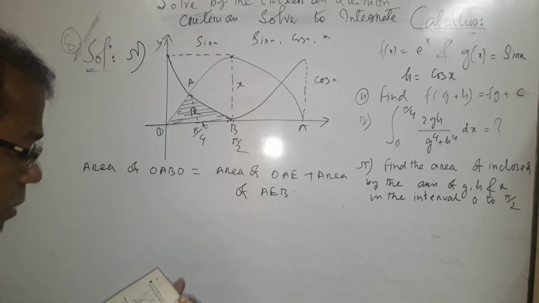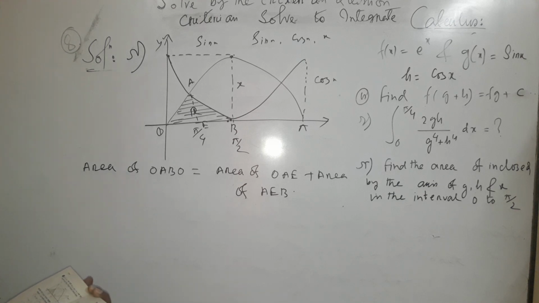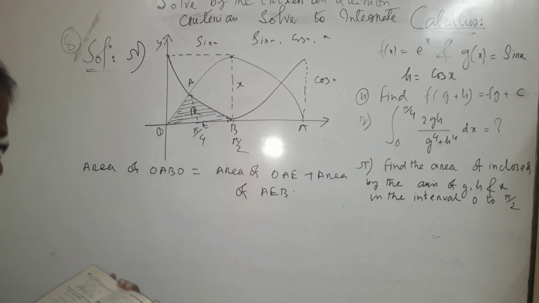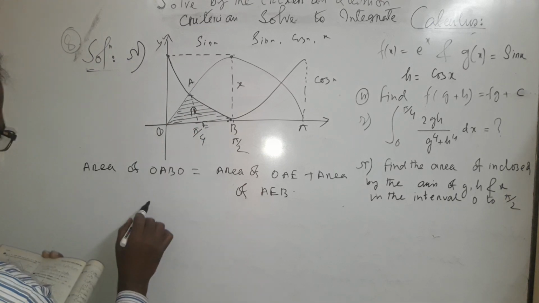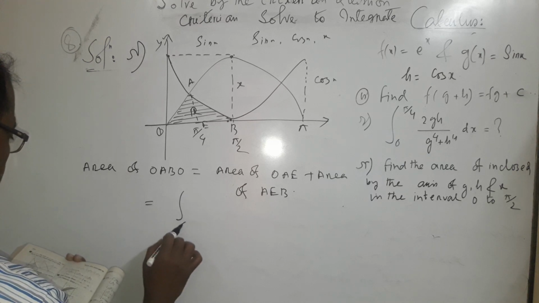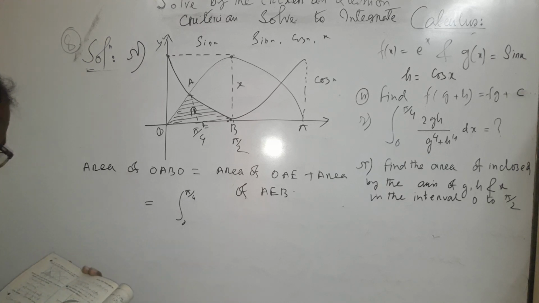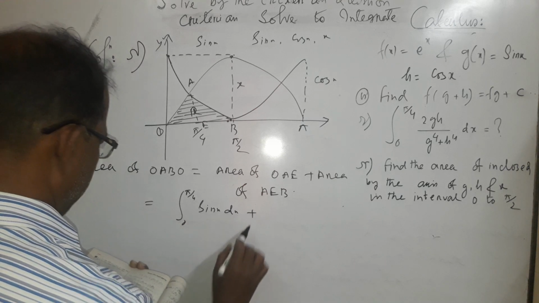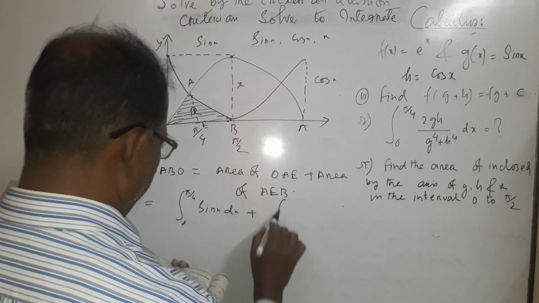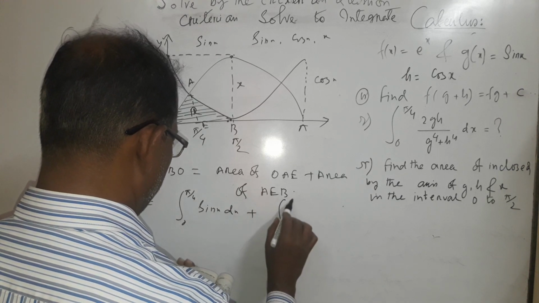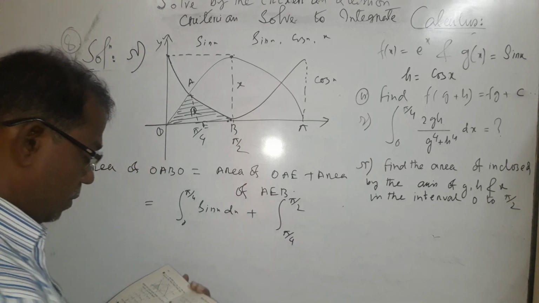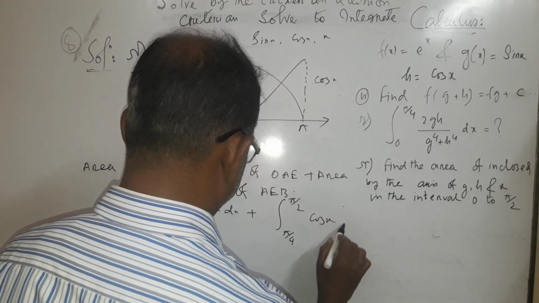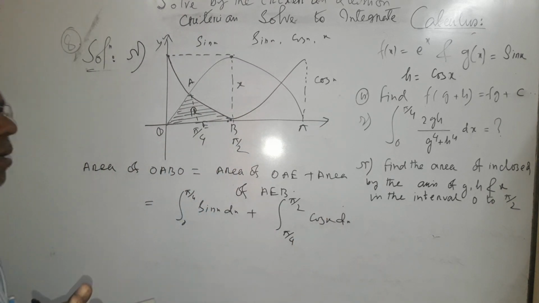Right? This is the area of this and that. Well, that's equal to integral 0 to pi divided by 4 is the first area, that means sin x dx, and the second area pi by 4 to pi by 2 is cos x dx. You are clear?